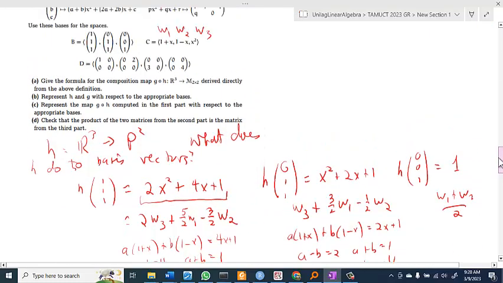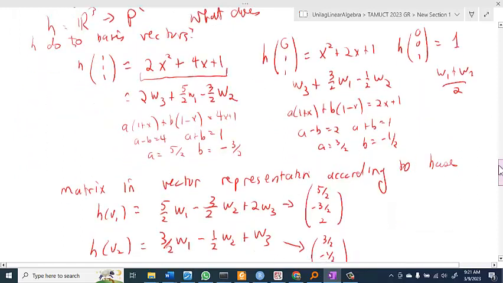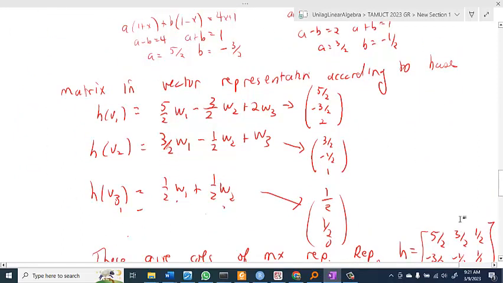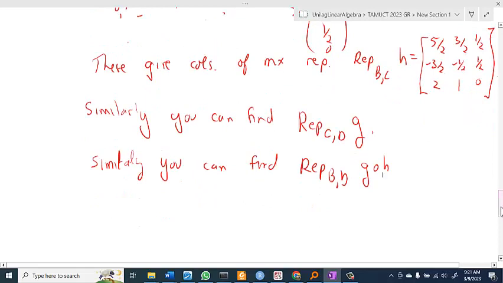So that's how you can finish B and do C, and then just check that the matrices multiply out together. Just the matrix that I found here for H, multiply on the left by the matrix that you find for G, and check that the product is equal to the representation for G composed H.